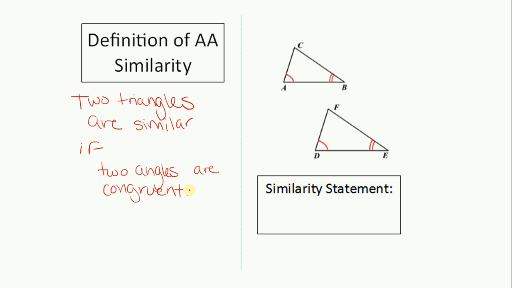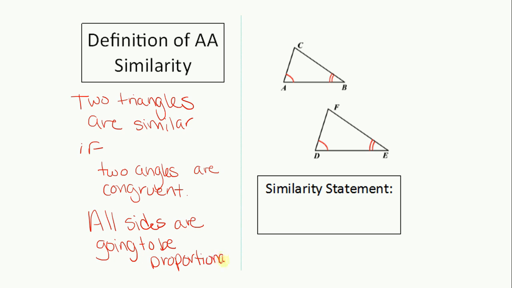Now, because of that, all sides are also going to be proportional, which means they're going to be in a ratio. So keep that in mind. So basically, AA similarity today is noticing that there are two angles congruent, so they are equal, or they have the little circles in them, and then all sides are going to be proportional based on that.